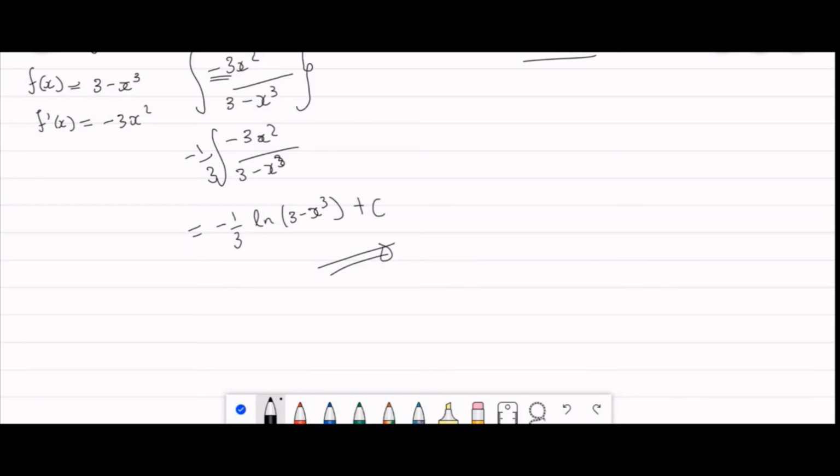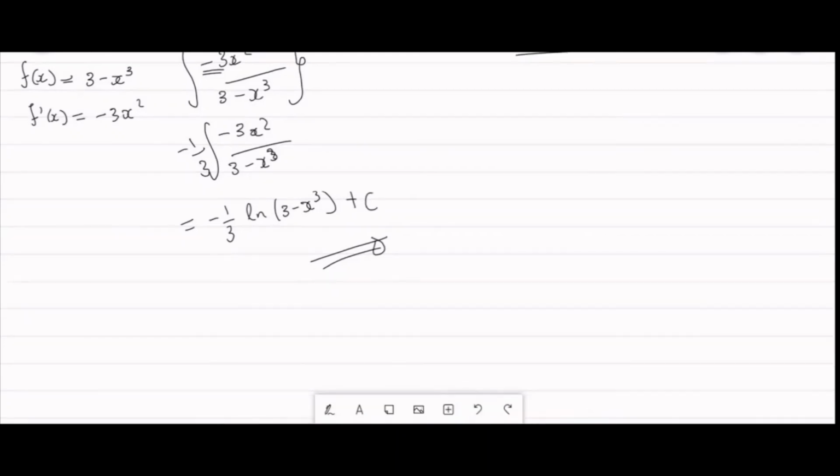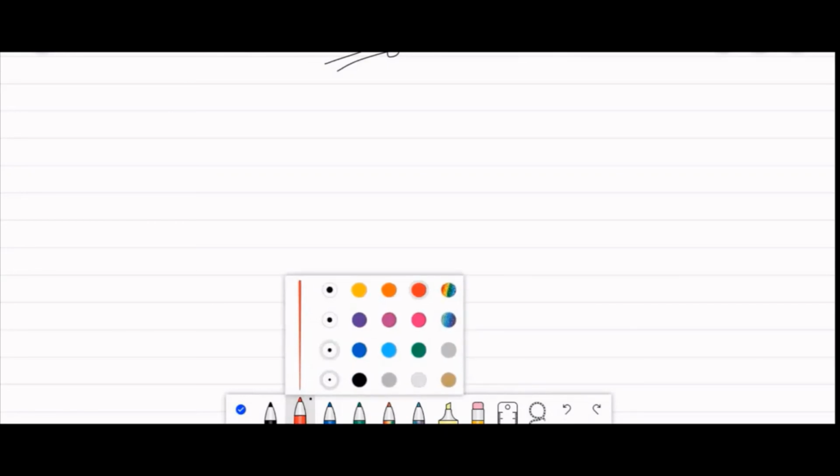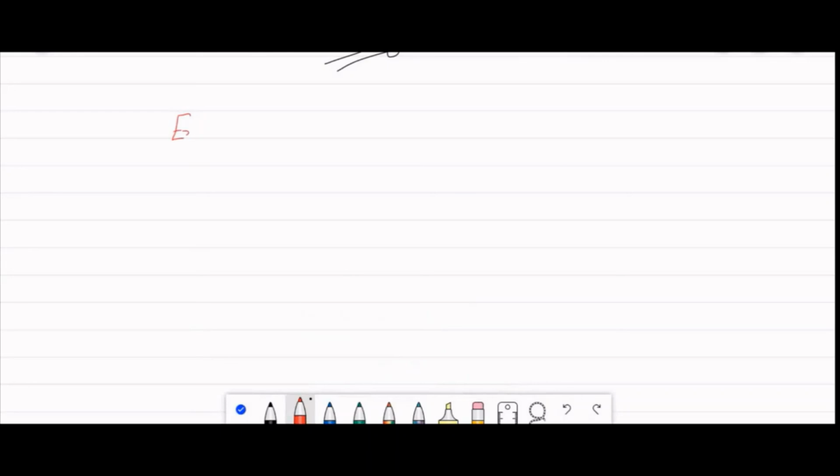So let's look at example 2. Given an integral of 1 over 3 minus 2x.